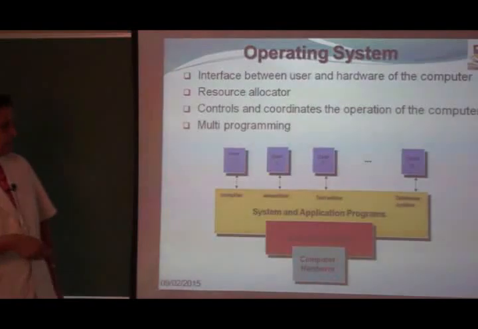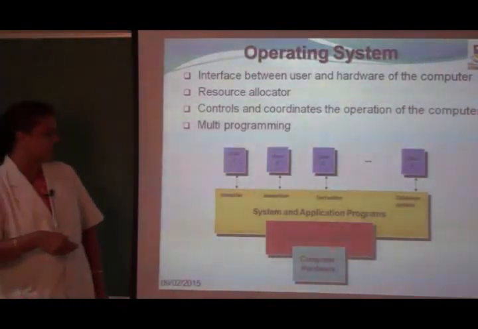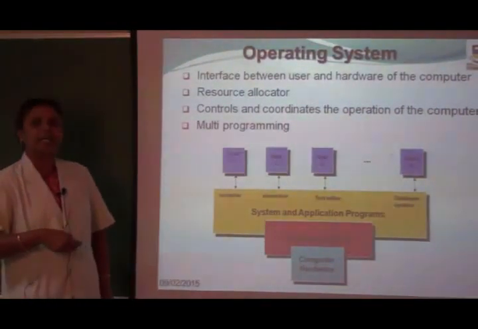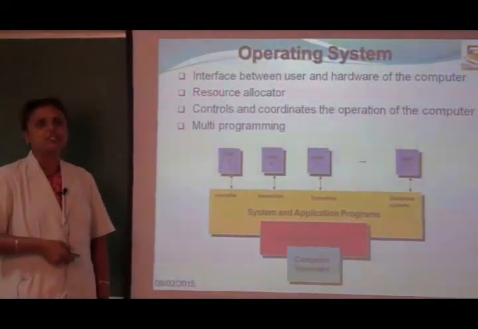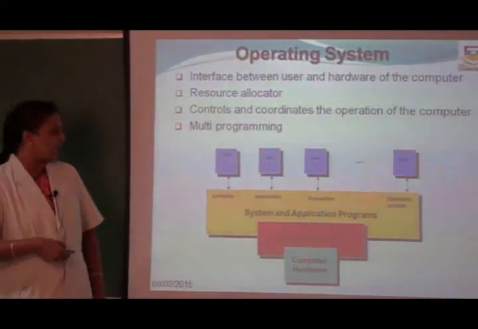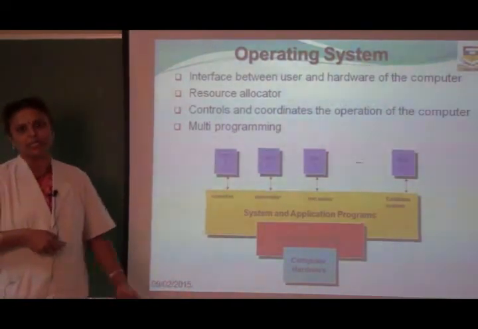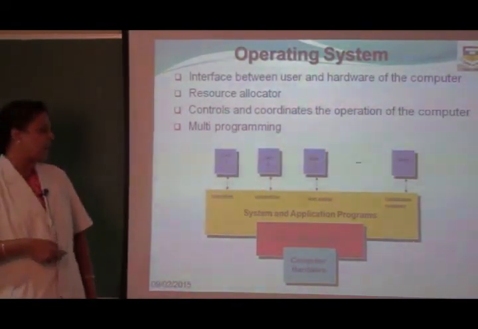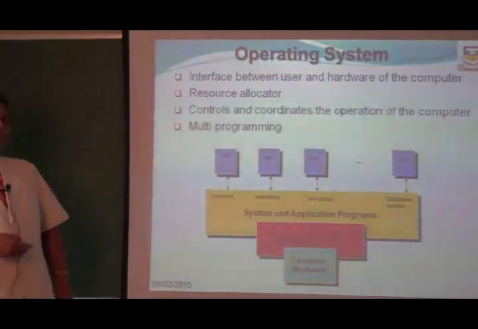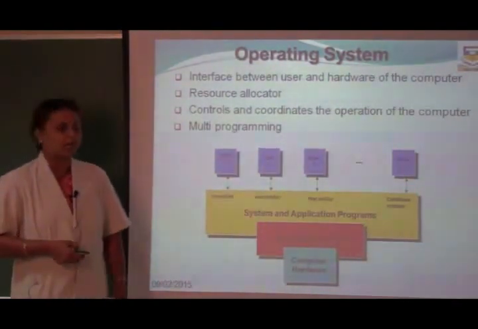In general, the hardware has a set of devices like the central processing unit, which is used to execute the program, memory, which is used to store the applications or programs, and input output devices, which are used for performing I/O operations.